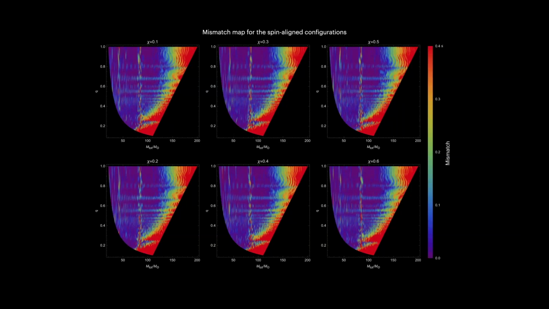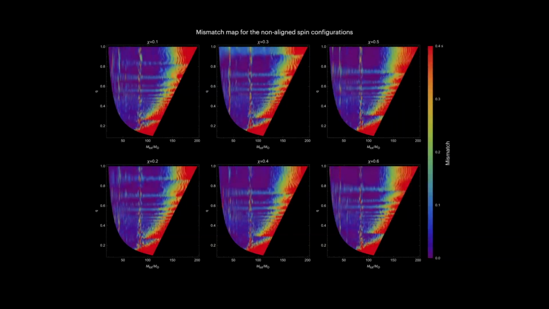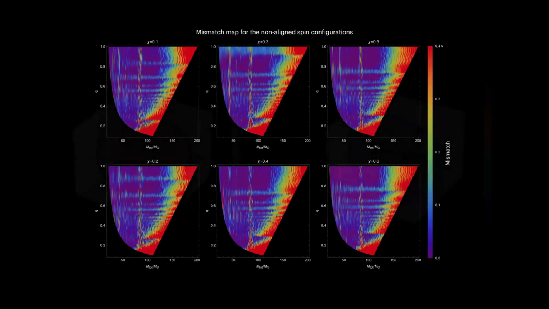We see a new region where the mismatch gets worse. We did the same for non-aligned spins for CB waves. We actually expected that the mismatch would get much worse. To our surprise, we just see more lines on our maps.